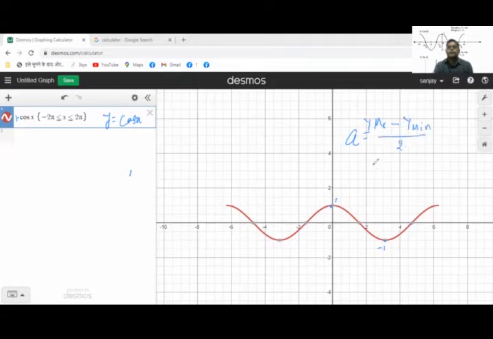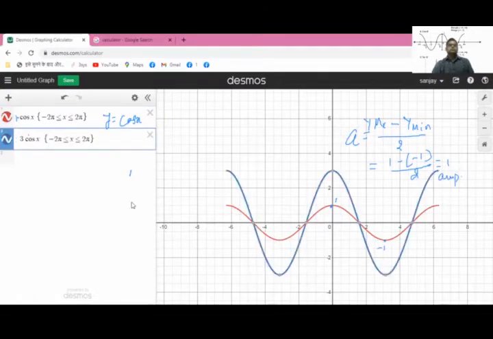Y maximum is 1 minus y minimum is -1, divided by 2. This is 1 minus minus, plus, so 2 divided by 2 is 1. So the amplitude in this case is 1 by using this formula.